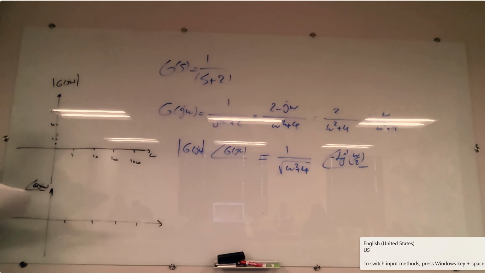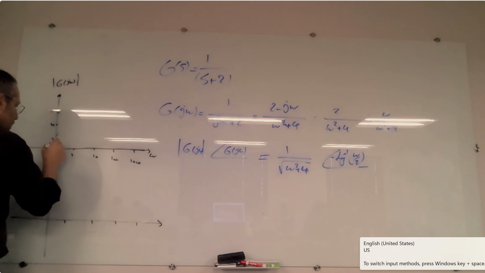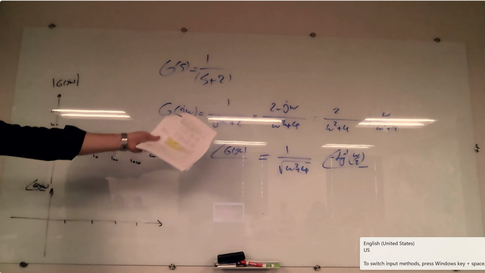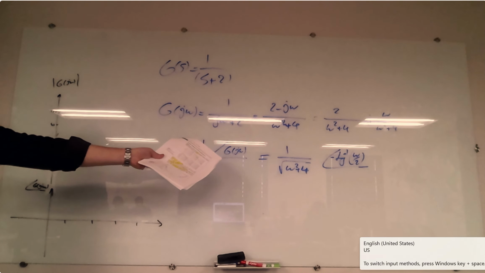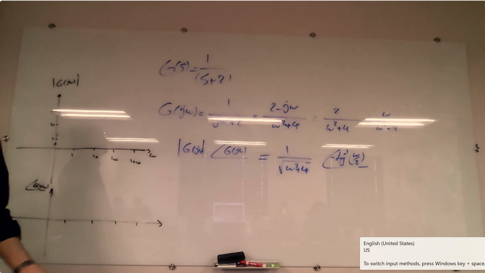I'm going to use another color. What about omega 1? What's going to happen at omega 1? It's going to be 1 over square root of 5, right? Square root of 5 is 2.1 or something.